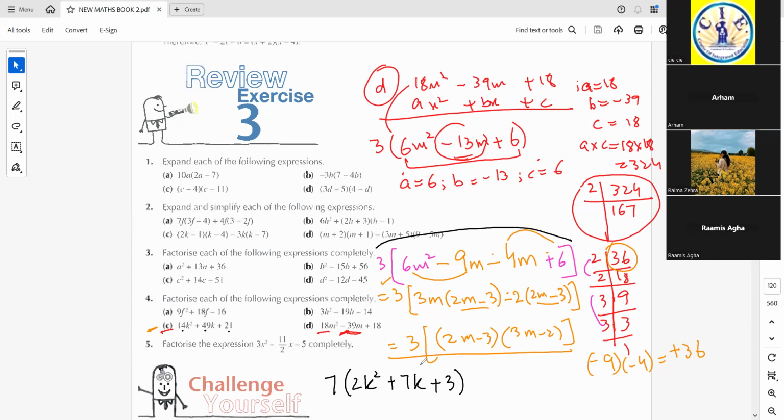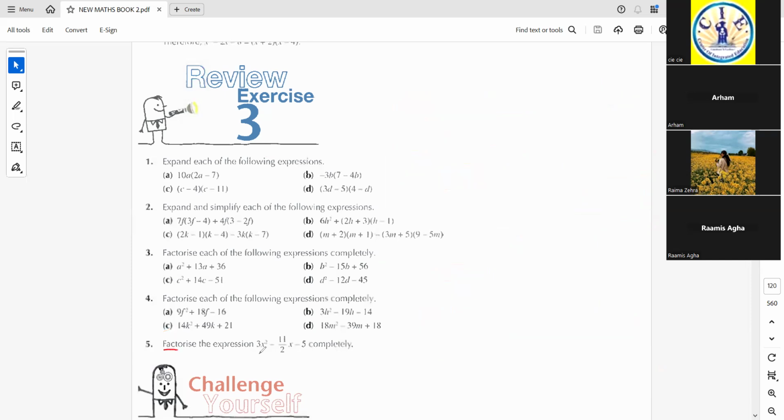Now I proceed to question number 5. Factorize the expression completely. Okay. Now you can see that the middle term has a fraction in it.